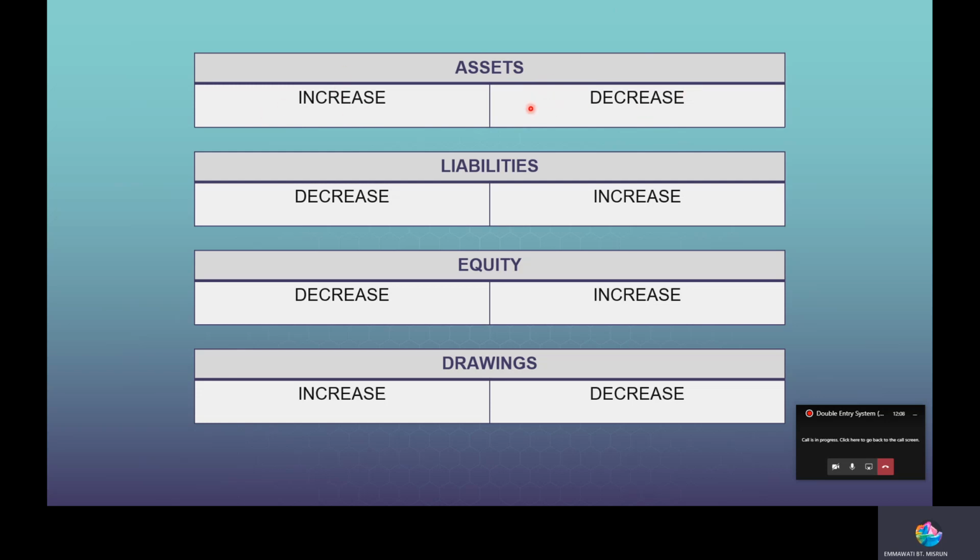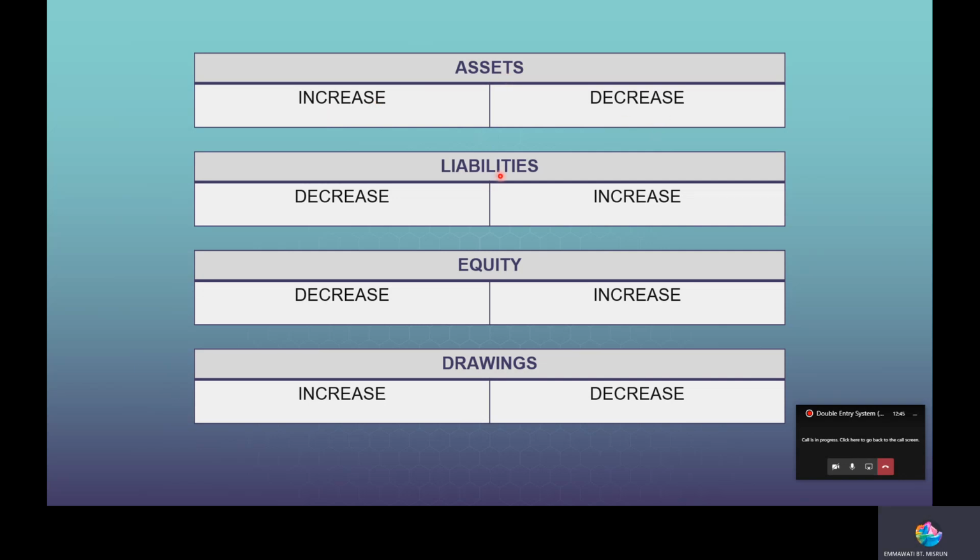Okay, debit belah kiri, credit belah kanan. So when there is an increase in asset, you should debit your account. Asset meningkat, kita debitkan. And if there is a decrease in asset, we should credit the asset account. Asset berkurangan, credit. So this is what the pictures mean. Asset increase, debit. Asset decrease, credit.